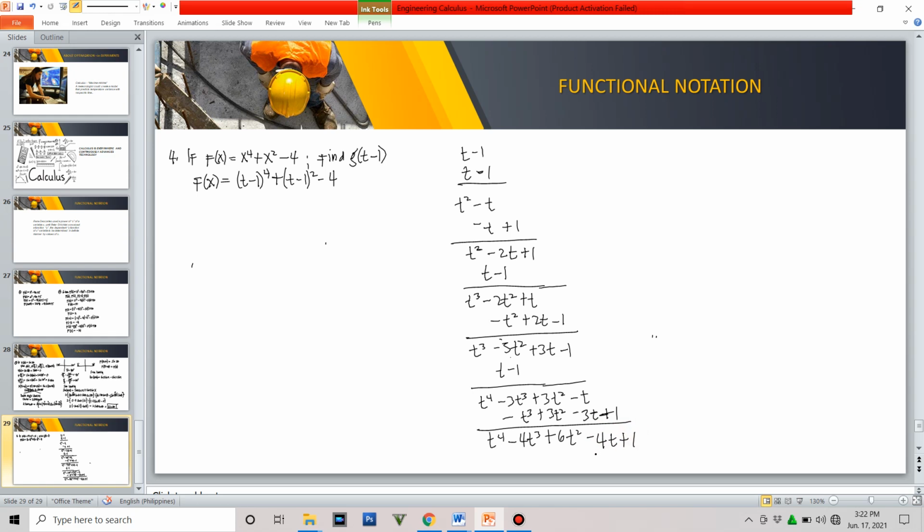Okay, so this is the fourth multiplication of t minus 1. So t4 minus 4t cubed plus 6t squared minus 4t plus 1. So all we need is to substitute that value here. So it becomes t4 minus 4t cubed plus 6t squared minus 4t plus 1. Alright?